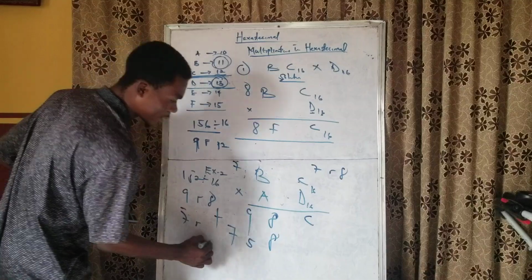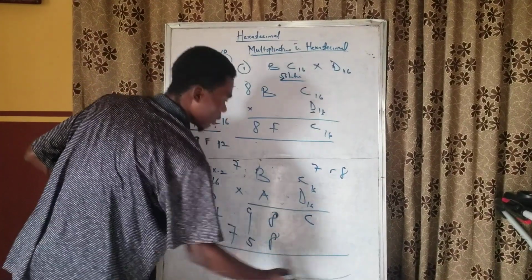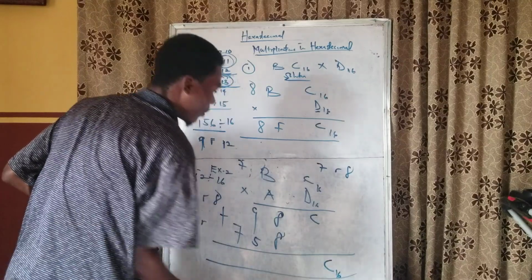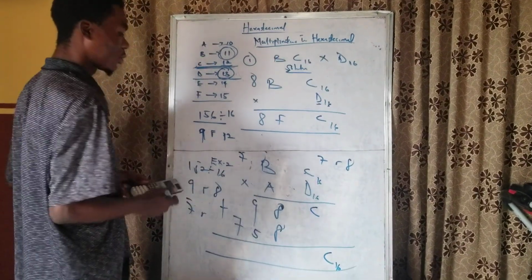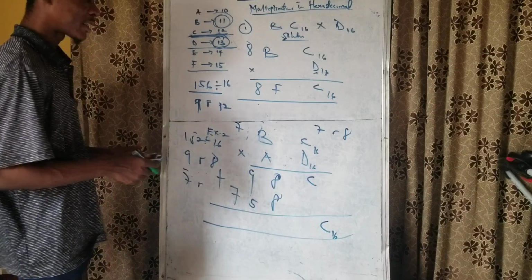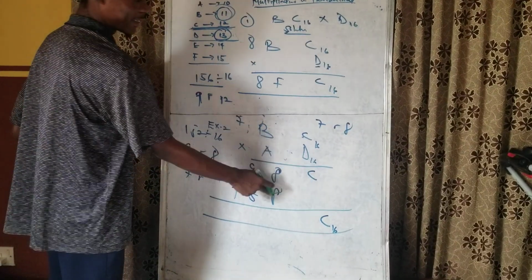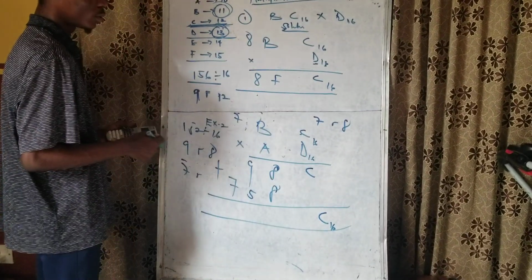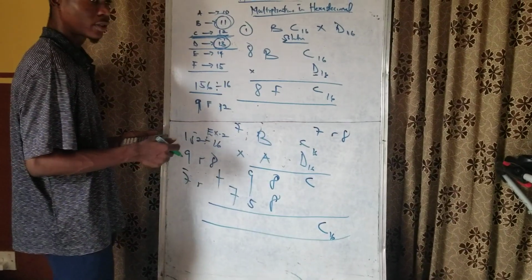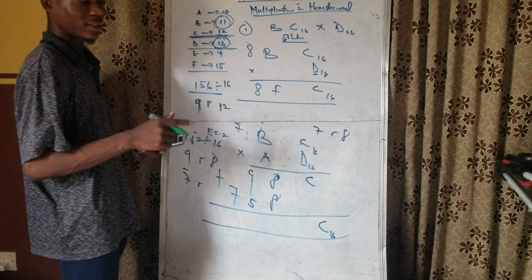So let's add them together. First we have C, with the base. Then here we have 8 plus 8, which is 16. That is up to the base, so 16 divided by 16 is 1, remainder 0.